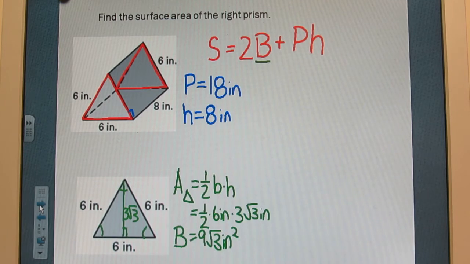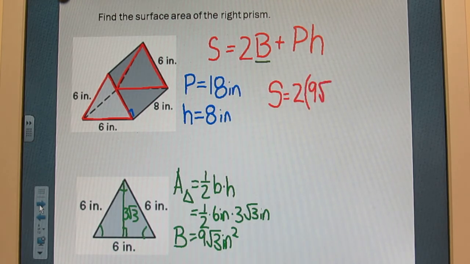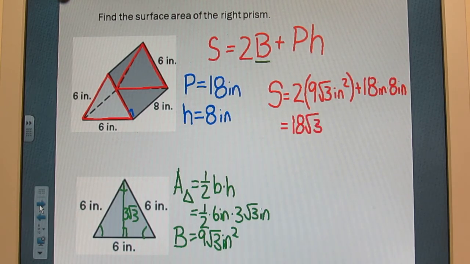So now all I do is substitute my values in, and I know that the surface area is 2 times 9 root 3 inches squared plus 18 inches times 8 inches. So that's 18 root 3 inches squared plus 144 inches squared.